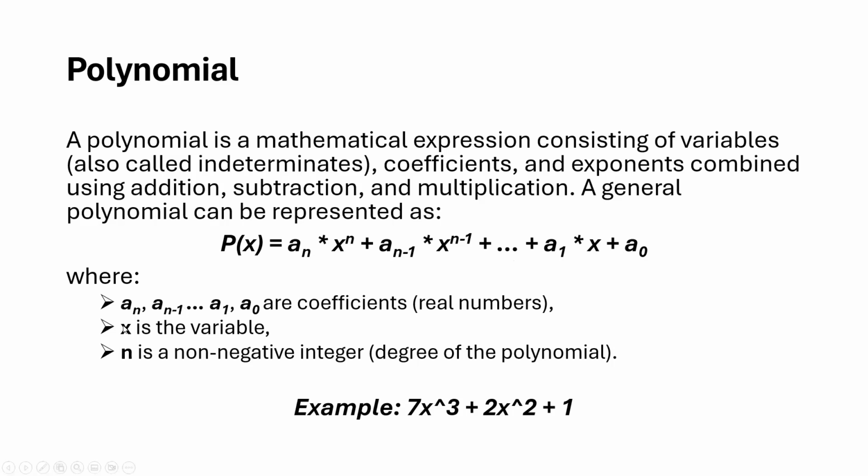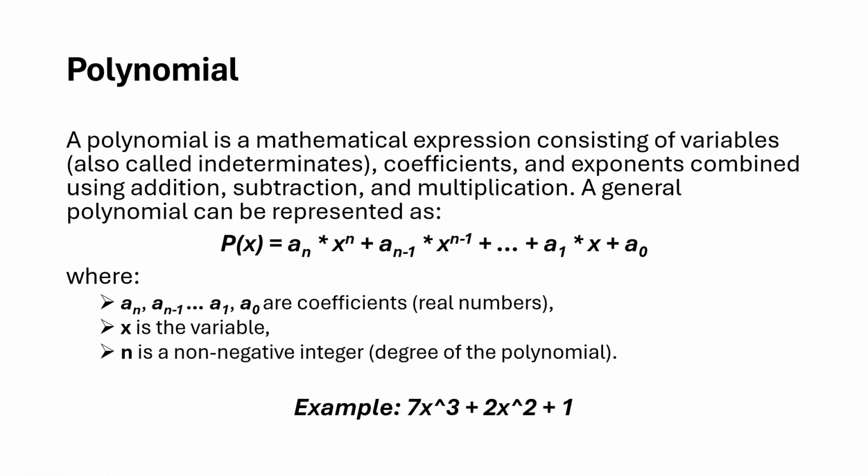Here, x is a variable. That means in each and every term of the polynomial there exists one x, but we can provide different values for this x, and based on the value of x we will get different magnitudes for the polynomial. And these n, n minus 1 are the exponents. We consider n a non-negative integer, and this is also called the degree of the polynomial.